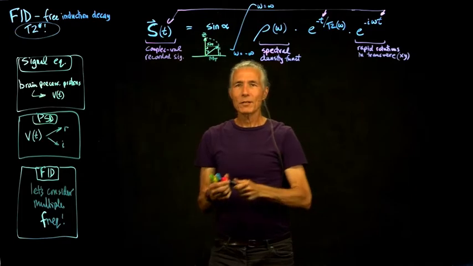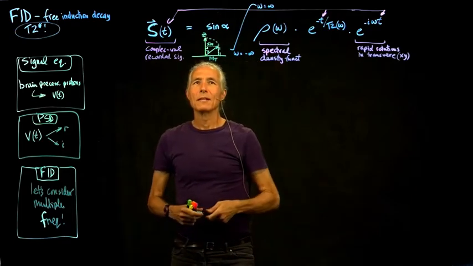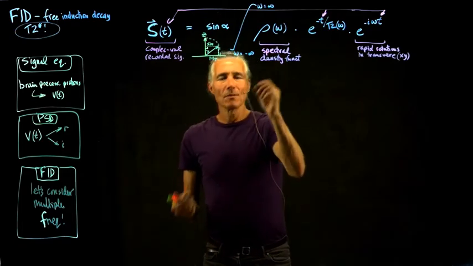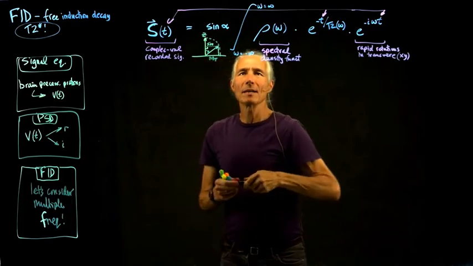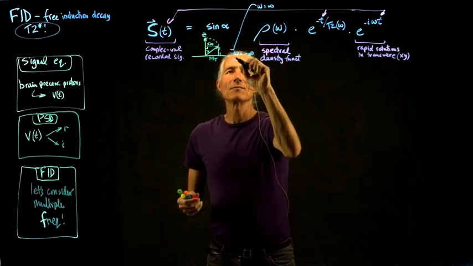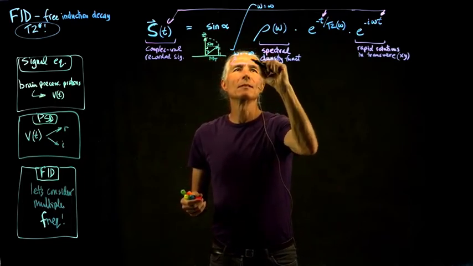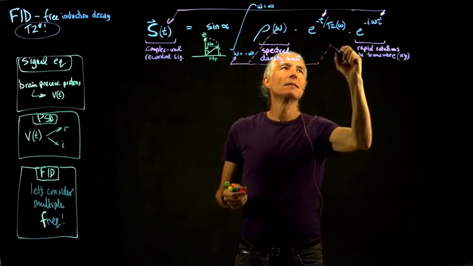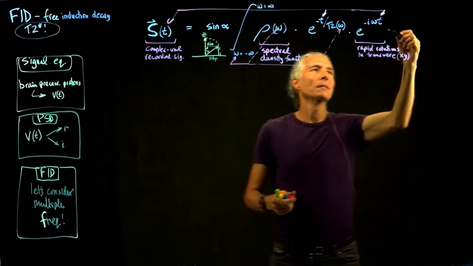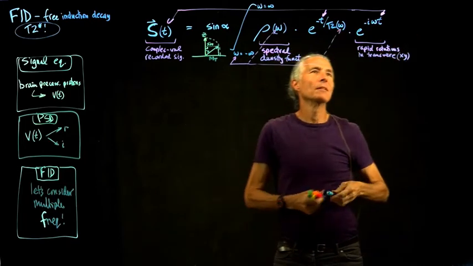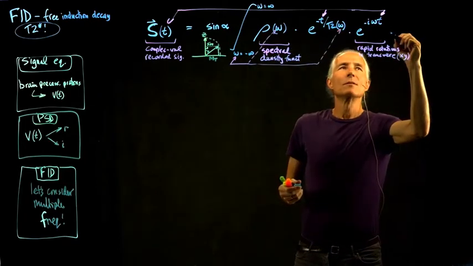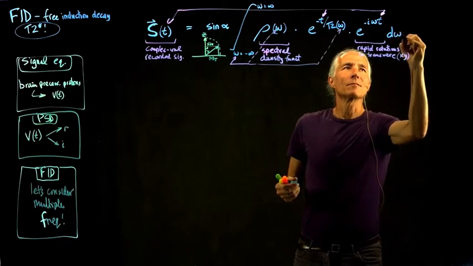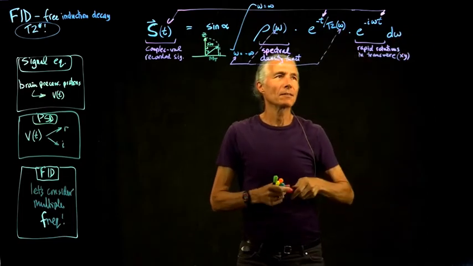The other thing to look at is what we're summing across: frequency. We're summing across frequency, for each small increment in frequency.